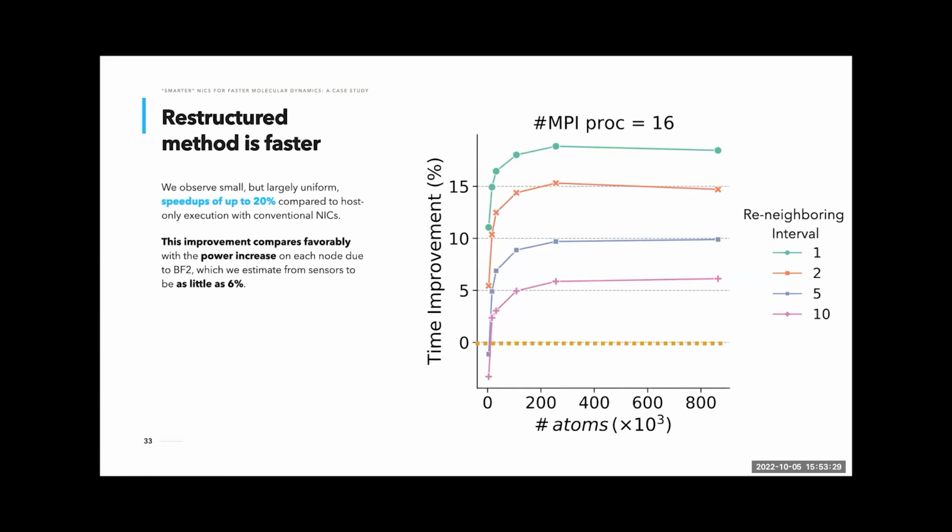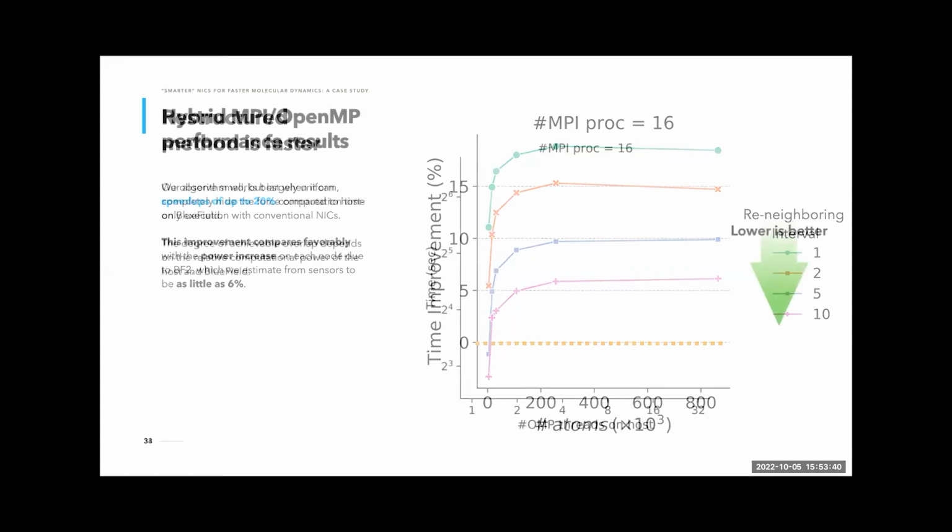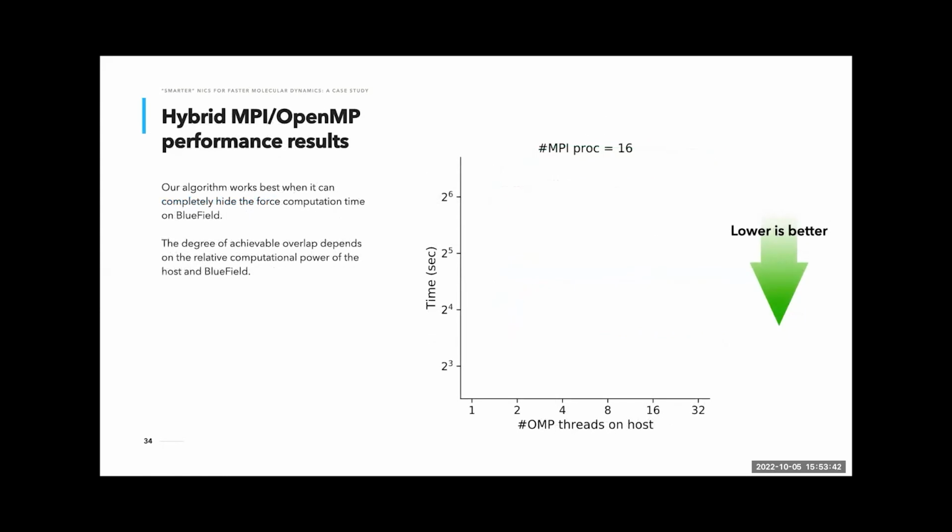This is because the computation overlap between the host and the Bluefield increases for higher reneighboring frequencies. Our algorithm works best when it can completely hide the force computation time on Bluefield by overlapping it with the neighbor build on the host.